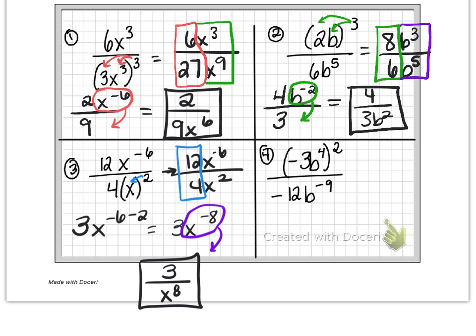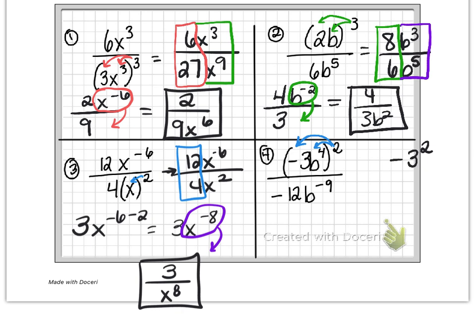Okay, last one. First let's simplify the top. This 2 is going to go to both the negative 3 and to the b to the 4th. So I'm going to have negative 3 squared. When I do this, it becomes this. When you square this, you do not square the negative.